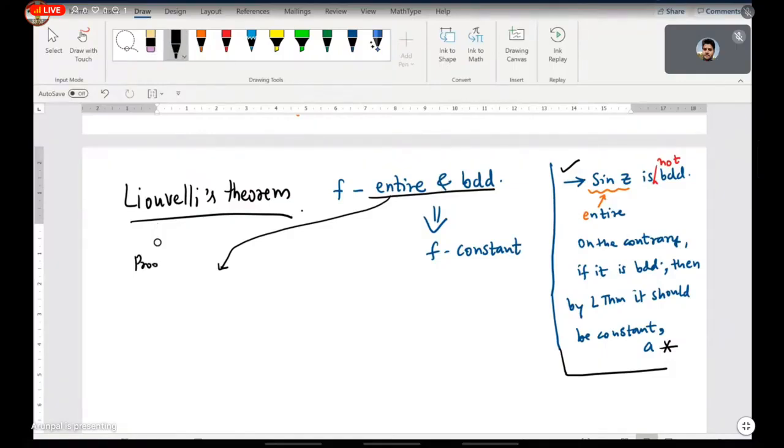Proof. So class, you know the meaning of bounded. It means there will be some capital M greater than 0 such that mod of f(z) is less than or equal to M for all z in C. Is this okay, class? Yes, sir.